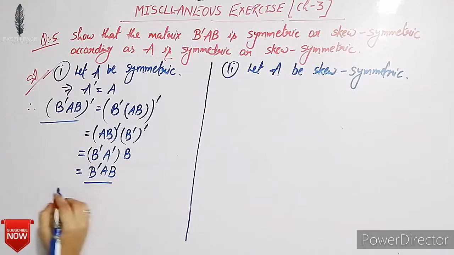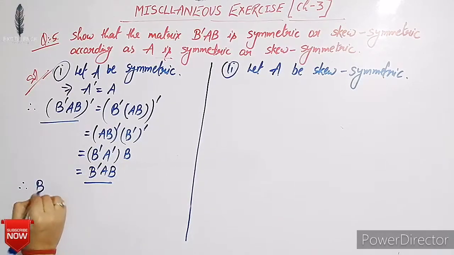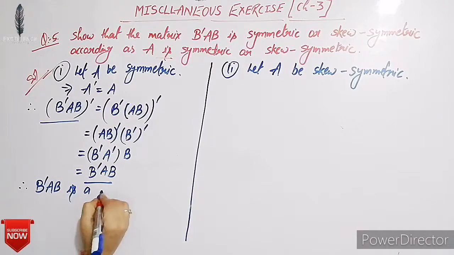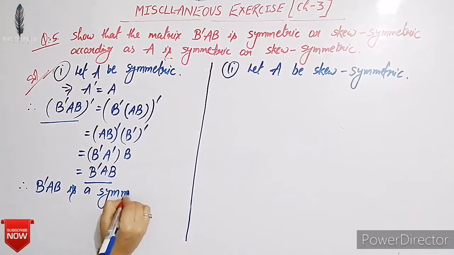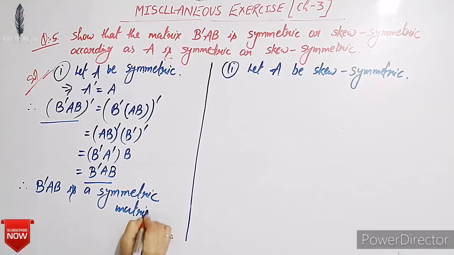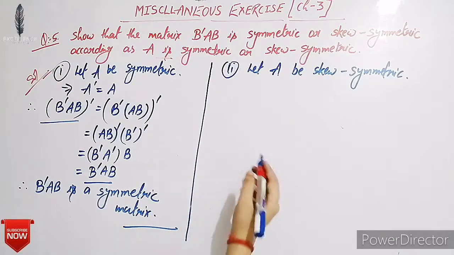So clearly we have B'AB is a symmetric matrix because its transpose is equal to itself. (B'AB)' equals B'AB, so it's a symmetric matrix.